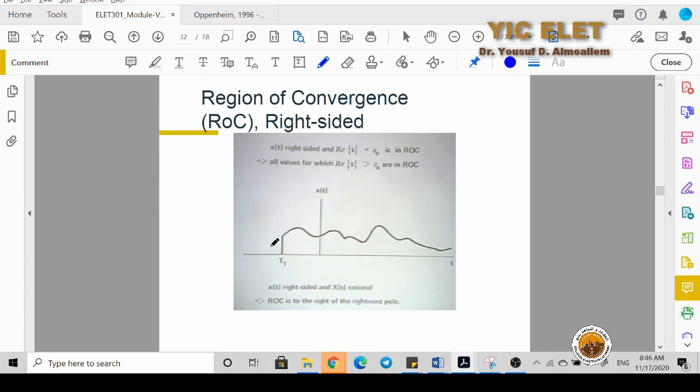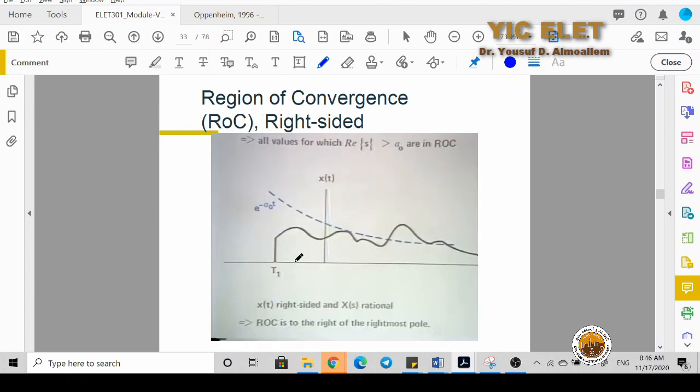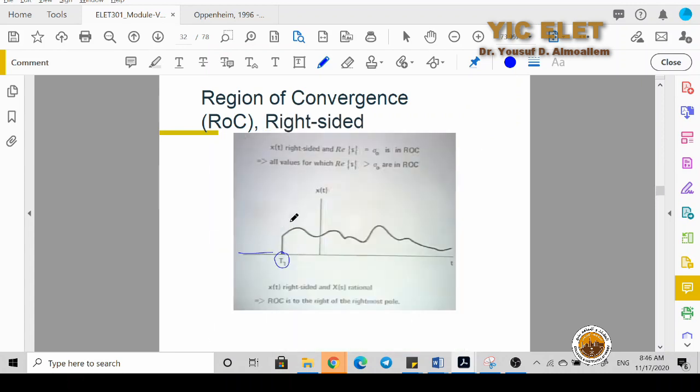Now, the next type is the right-sided function. A right-sided function is defined after a certain time t1 on the time axis. Before t1 it is equal to 0, and once it reaches t1 it is defined all the way to infinity. We call it a right-sided function because the function lies on the right side of t1, compared to the left-sided one, which is flipped to the other side.